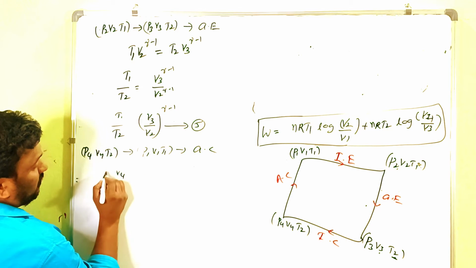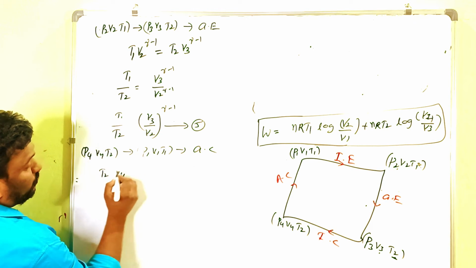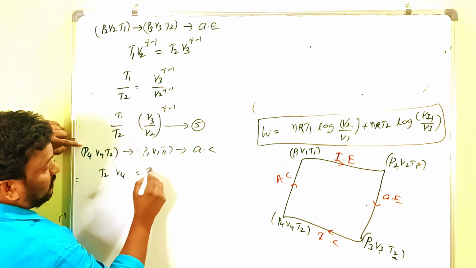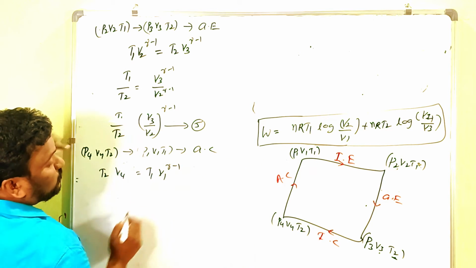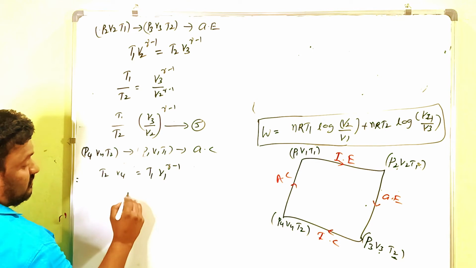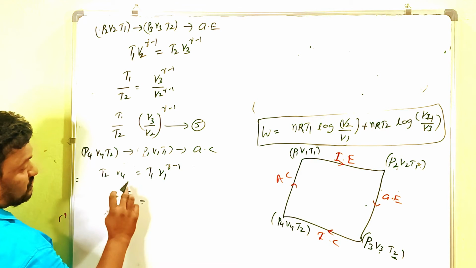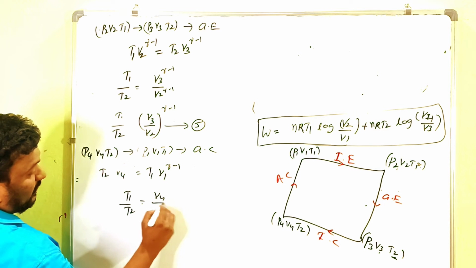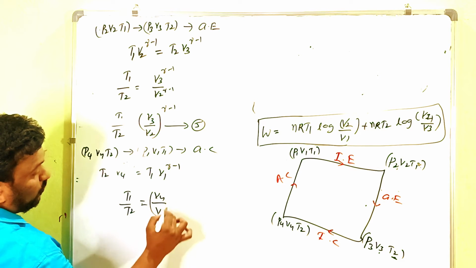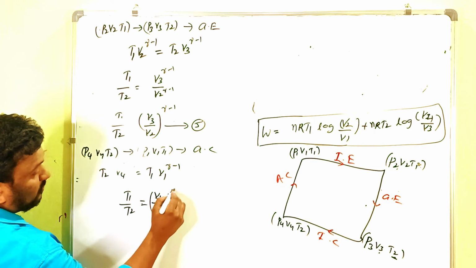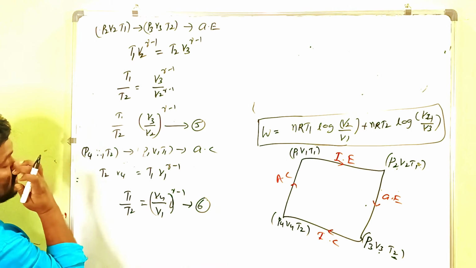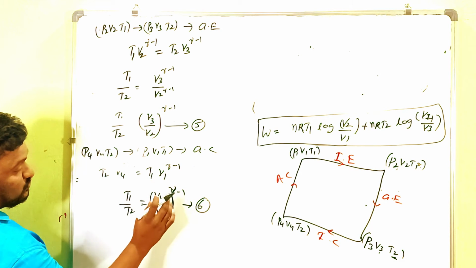T2 V4 to the power of gamma minus 1 is equal to T1 V1 to the power of gamma minus 1. From that, children, T1 by T2 is equal to V4 by V1 whole to the power of gamma minus 1. This is equation number 6. Clear, children?